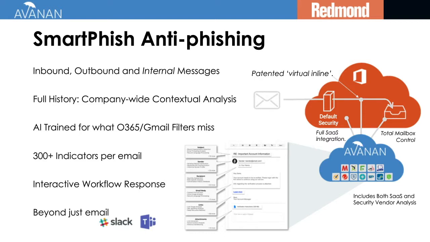Again, I don't want to say better, but I think the most important reason why this cloud-based anti-phishing is important is the fact that people are moving beyond email when it comes to communication. Your users are probably very well trained not to trust email.